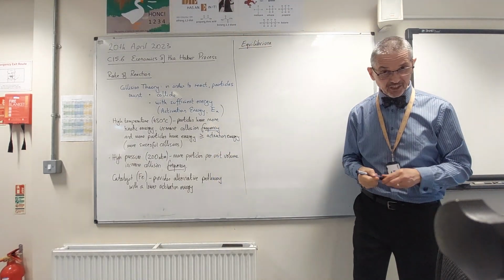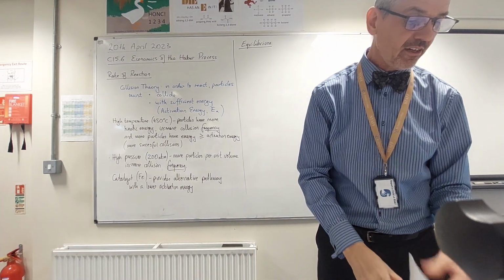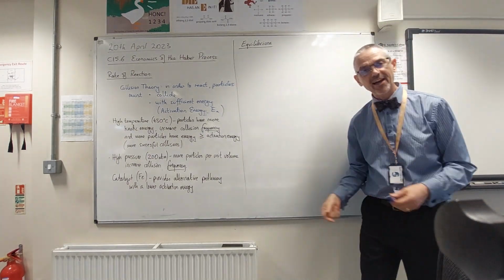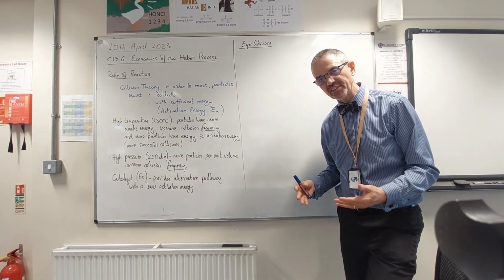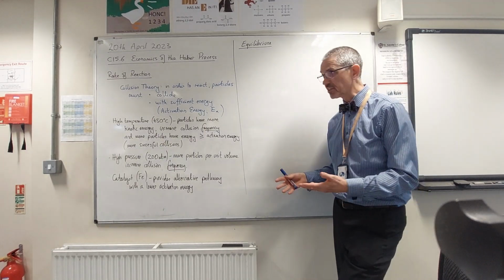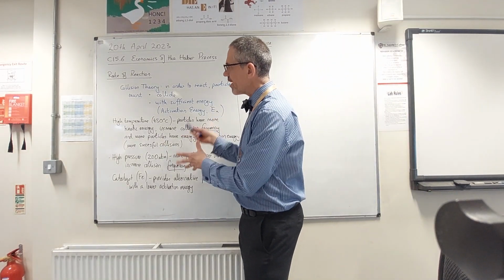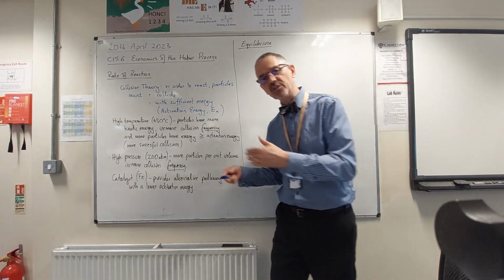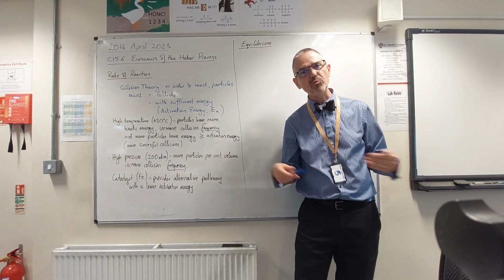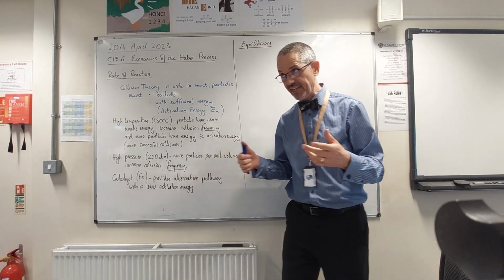Okay, now we need to look at all of those factors again, but this time from the point of view of equilibrium. And it's important to keep these things separate. Rate of reaction is about how fast reactants turn into products.